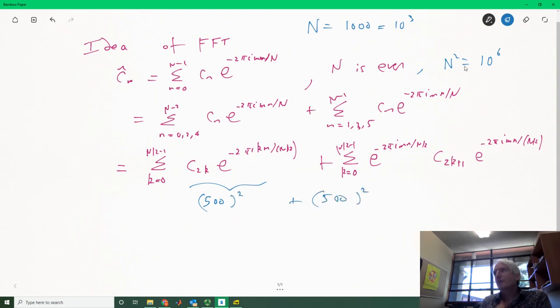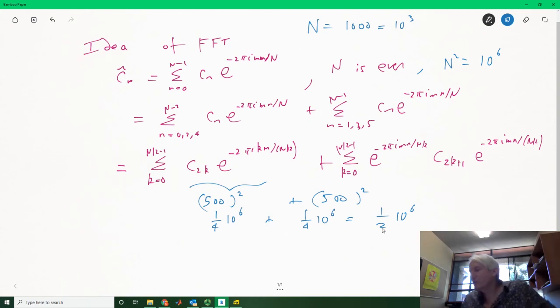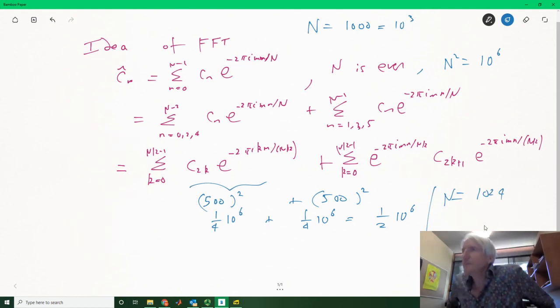So this is like a quarter of 10 to the 6 plus a quarter of 10 to the 6. So it's a half of 10 to the 6. So just by factorising and breaking it into two FFTs, we've halved the number of steps we have to take. And then we can just keep applying that remorselessly. And if N is equal to not 1,000, but 1,024, then we can just keep halving forever. Okay, so that's the idea.